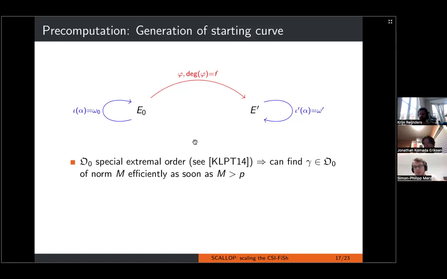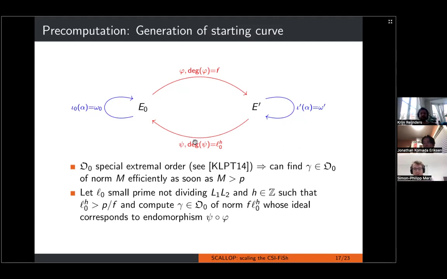Can we just find the alpha, or some endomorphism this way? Well, not quite, because F is a bit smaller than this field characteristic, so it's not far off, but there's still a slight gap, so we can't apply this result about special extremal orders yet.